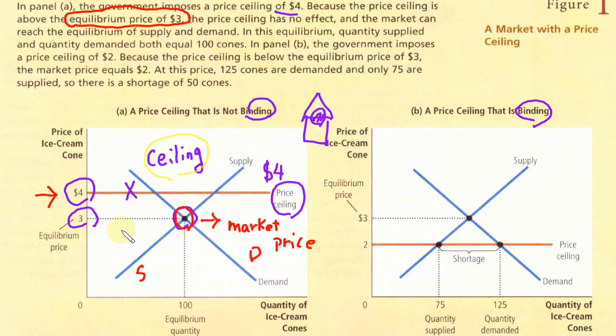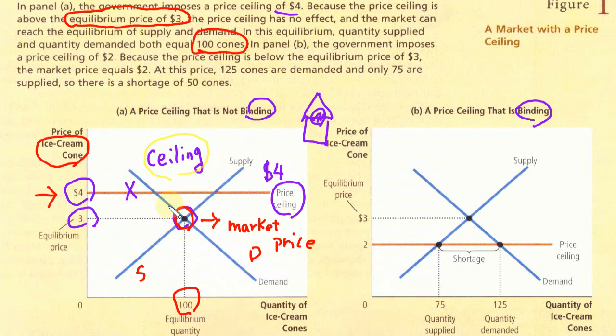So this is the price at equilibrium, and this is the corresponding quantity of 100 cones, regarding the ice cream cones. It reached 100 cones here.